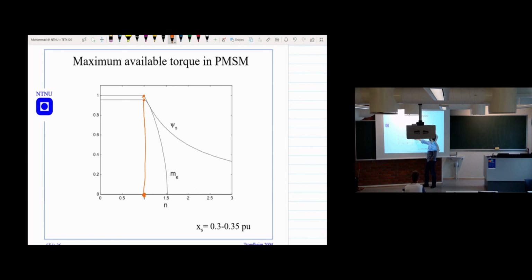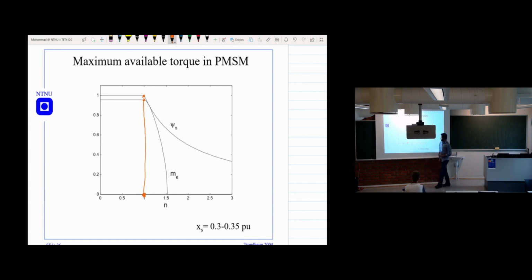Sometimes it's okay for some machines, but here we see that if we apply the field weakening, the torque is reducing. At this point it can reach up to 1.5 per unit speed, but there is no torque here. This means if you apply any load at this speed, the machine will not run, because you have applied all the current for the field weakening.